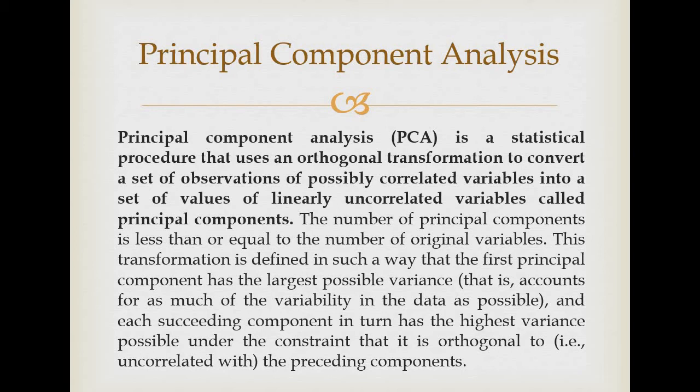This transformation is defined in such a way that the first principal component has as high a variance as possible, that is, it accounts for as much of the variability in the data as possible, and each succeeding component in turn has the highest variance possible under the constraint that it be orthogonal to the preceding component.